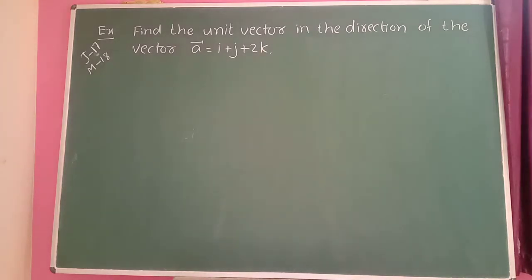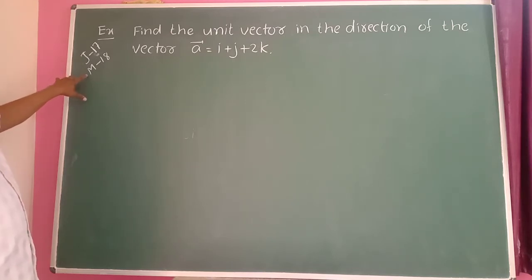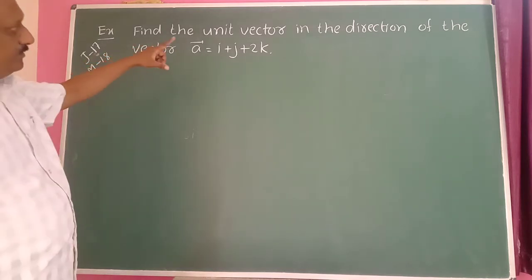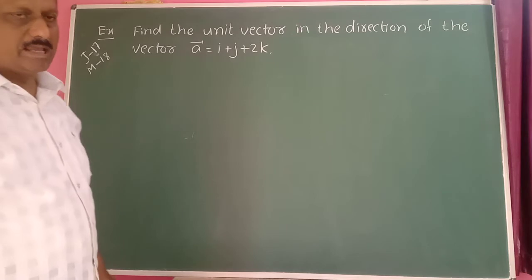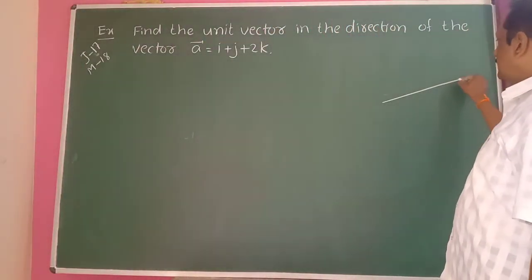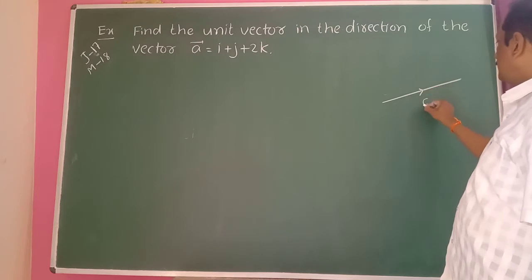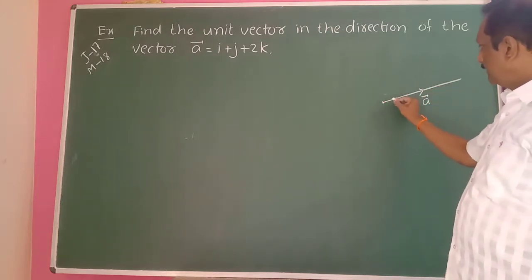This is a one mark question. It was asked two times, in July 2017 and March 2018. Find the unit vector in the direction of the vector a bar equals i plus j plus 2k. Suppose here is one vector, a bar. Then you find the unit vector.